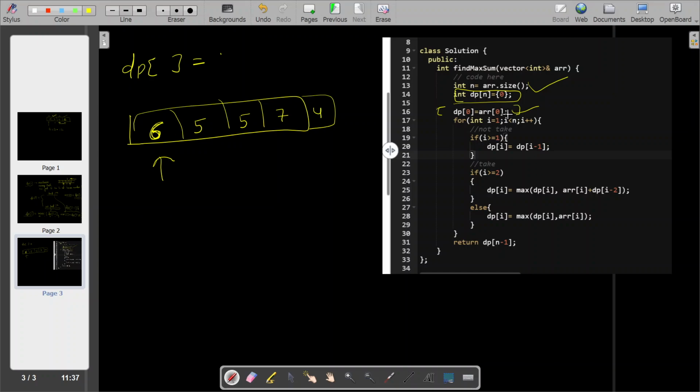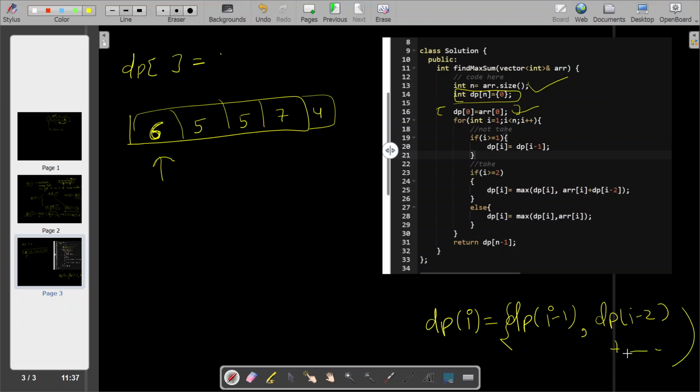Now the key idea that you can get from this video is, if you want to write our state and our transition, it is like this: dp of I minus 1 and some maximum of dp of I minus 2 plus something. You can check what you are at here, I, and you want I minus 1.